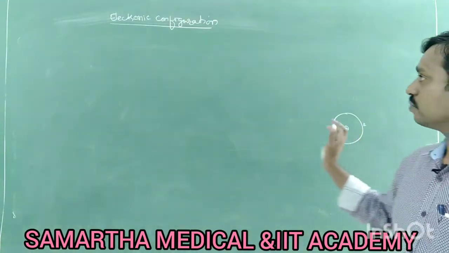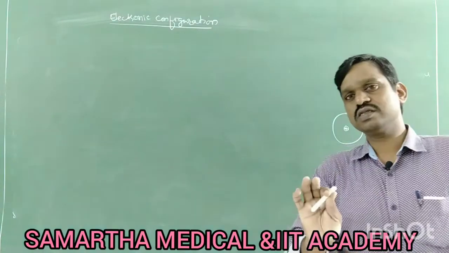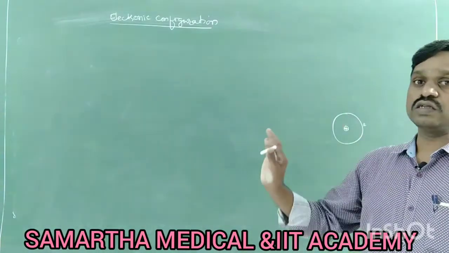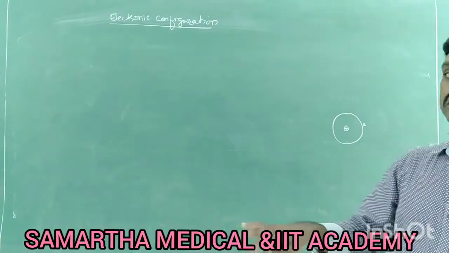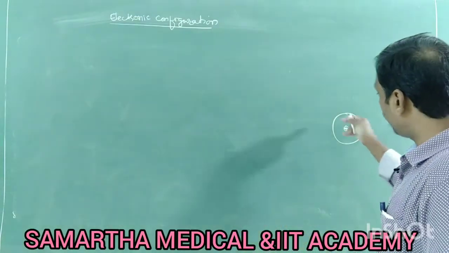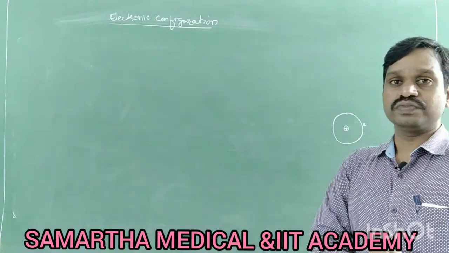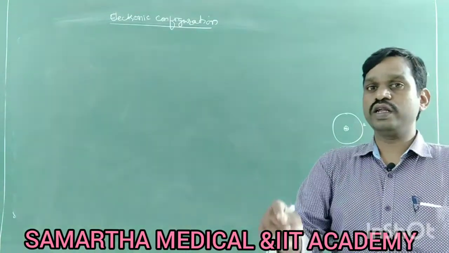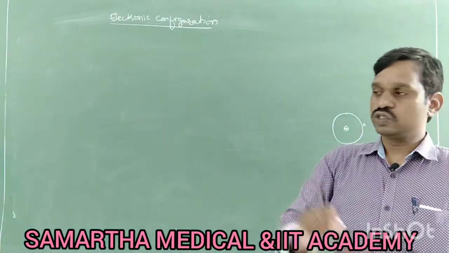That means an atom contains electrons, and electrons are distributed in the atom. In an atom there are also orbitals. Finally, electrons are distributed in orbitals.